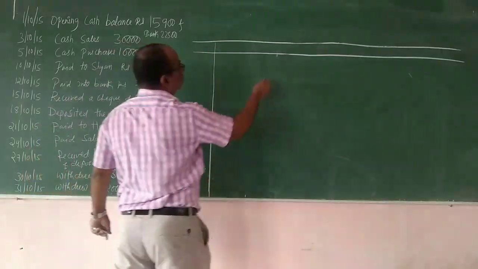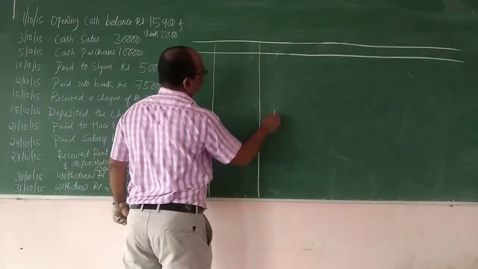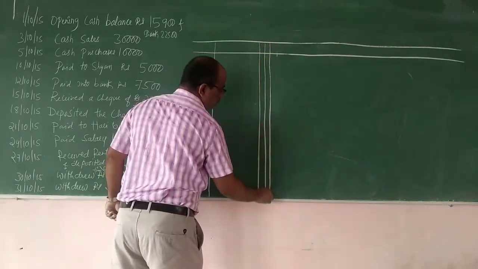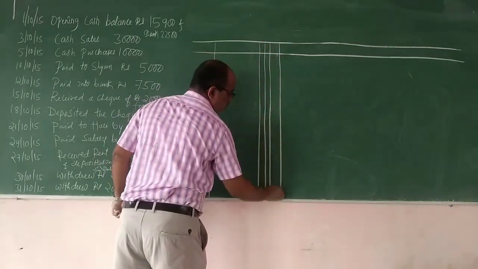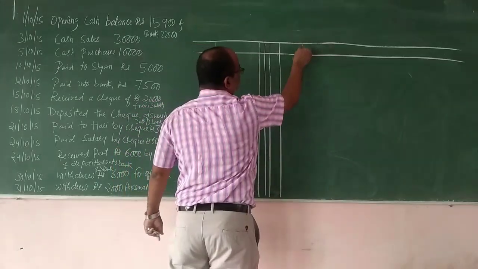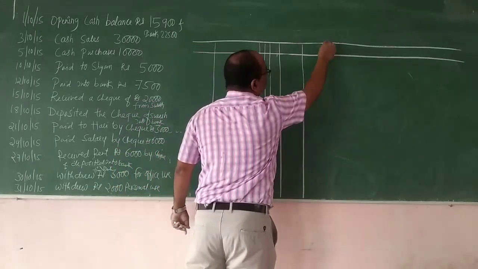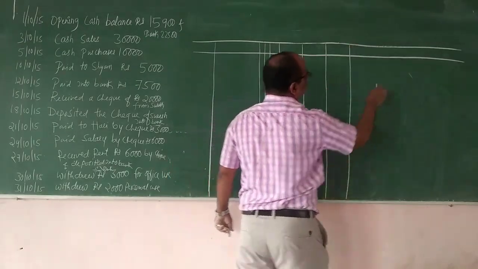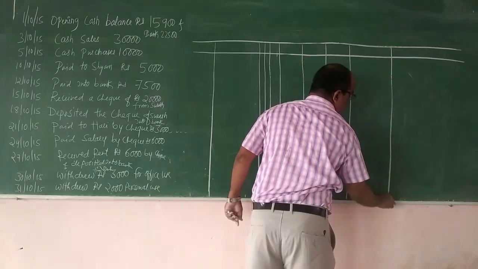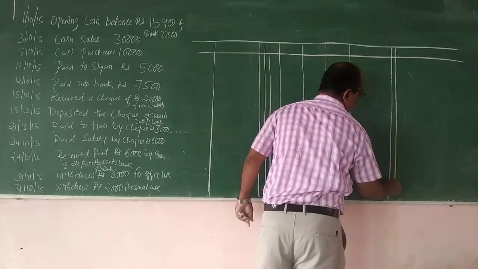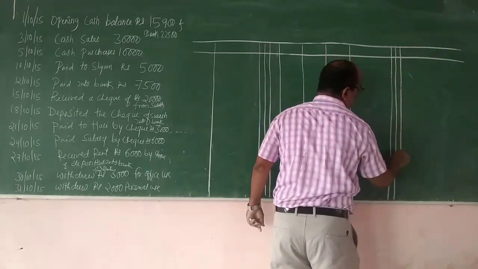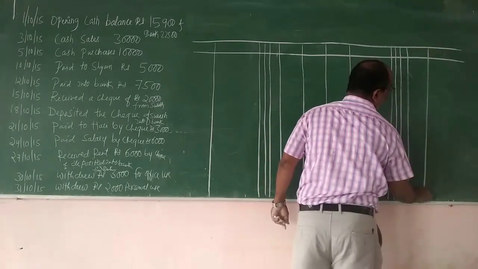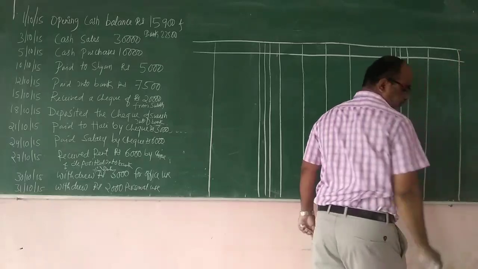Date, particulars, LF, receipt number, discount, cash, bank. Date, particulars, payments, LF, voucher number, discount, cash, bank.